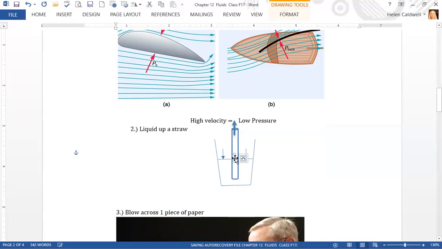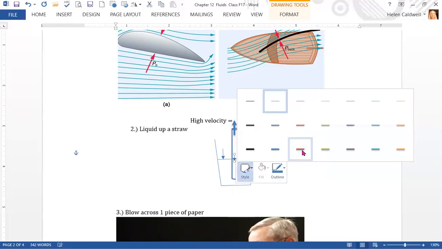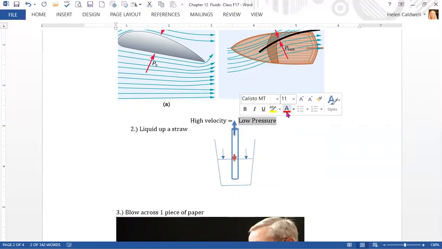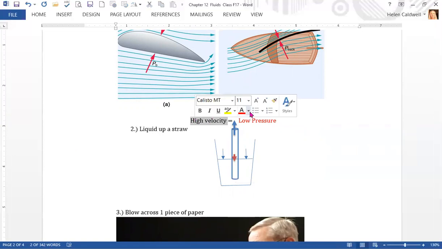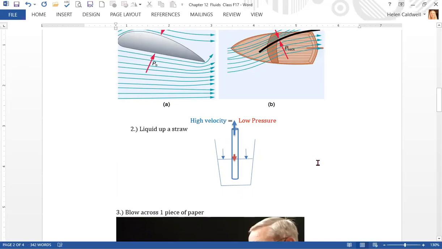And in fact, let's see if we can change the color. So we've got the low pressure pushing down, and we've got the high velocity going up. Because you've sucked on the straw.